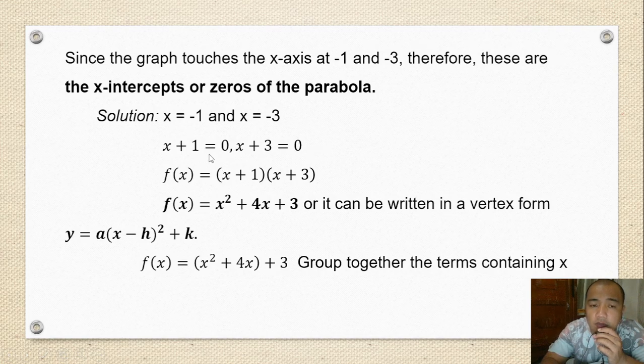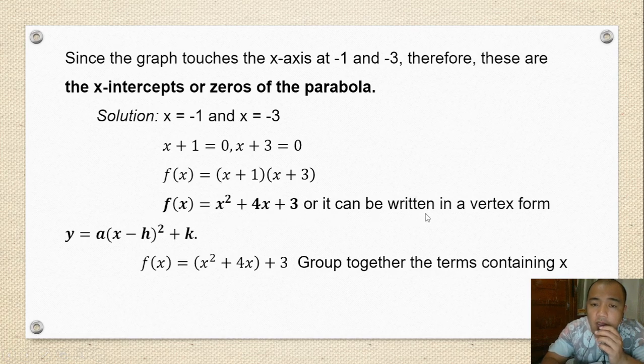And then let us now multiply these binomials, x plus 1 and x plus 3, which is equal to x squared plus 4x plus 3. So the equation of the quadratic function whose zeros are -1 and -3 is f of x equals x squared plus 4x plus 3.